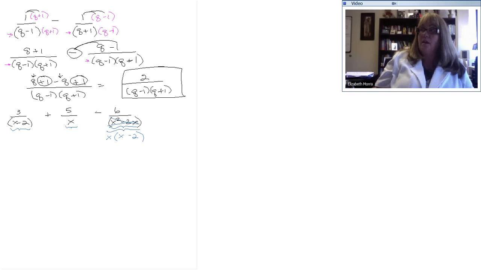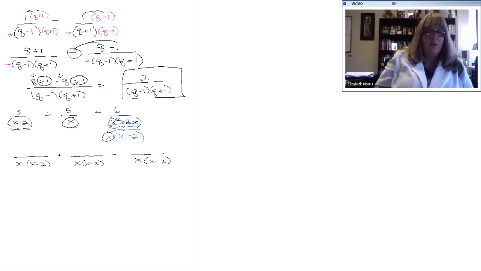Well, there are x's and there are x minus 2's. What is the highest exponent for the x? 1. And what's the highest exponent for the x minus 2? 1. So this is what we are going to change all the pieces into. Now, stop and look. To go from here to here, I multiplied by x.